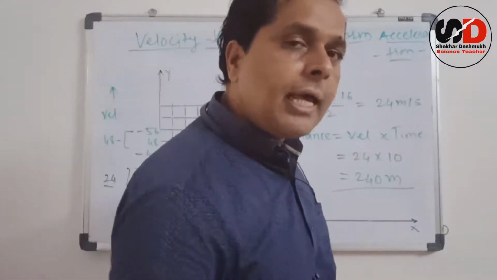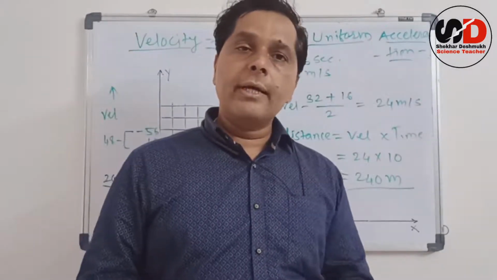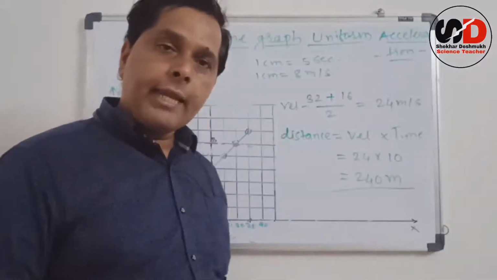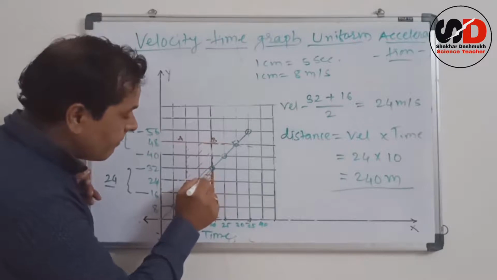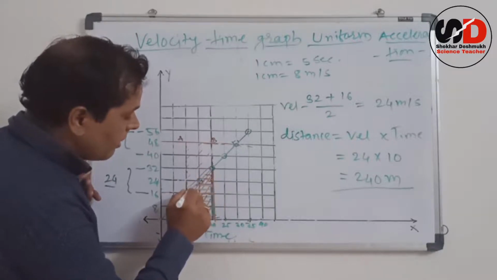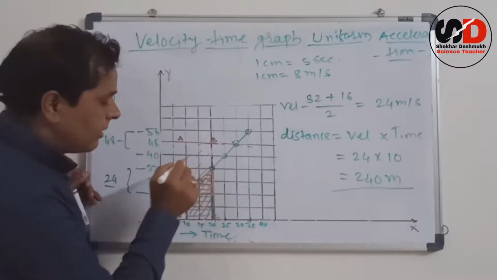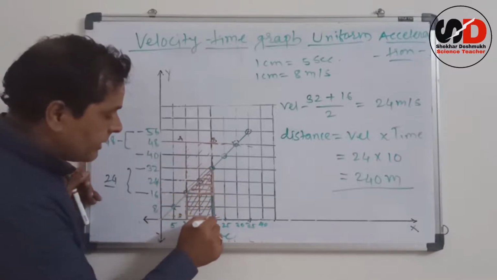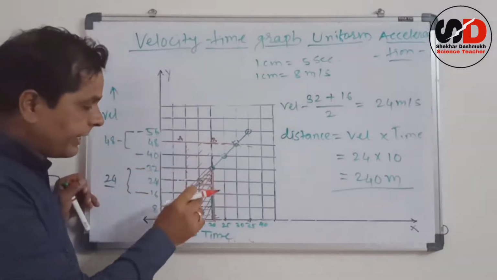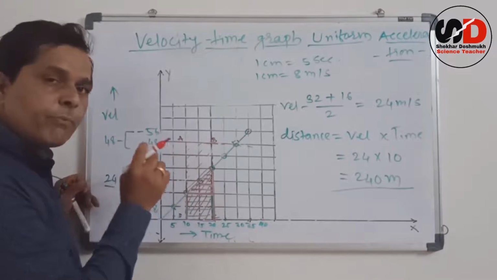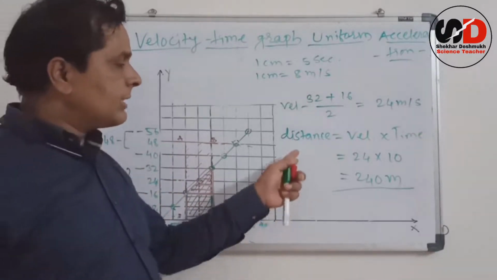But as we saw in the last graph, in the example of the train, we can calculate here also by using the area of this triangle plus the area of this square. That means the total area of this shaded part is always equal to the distance covered.